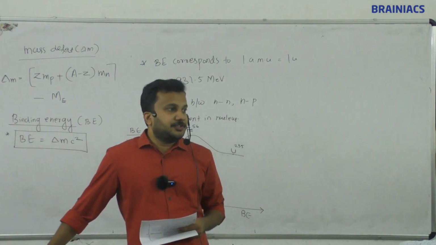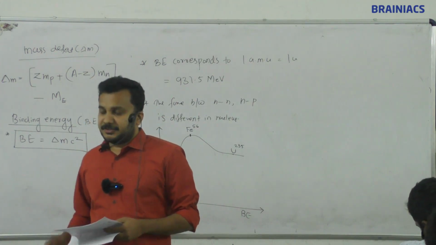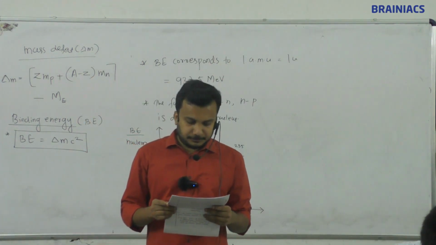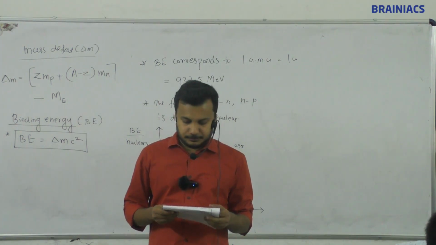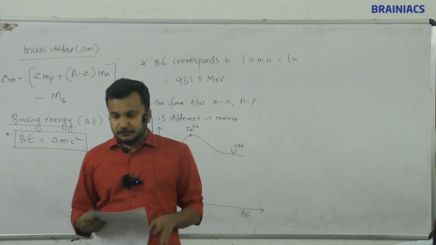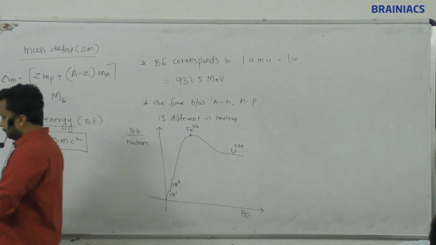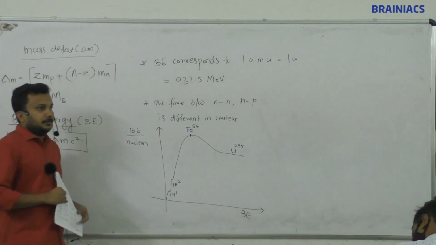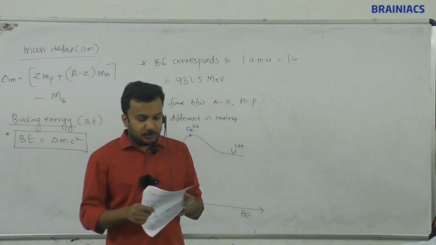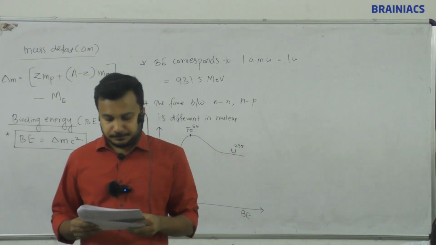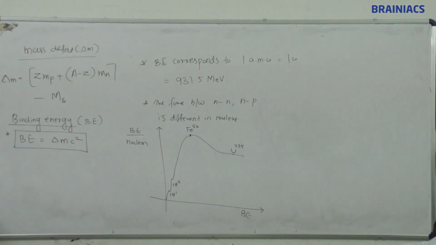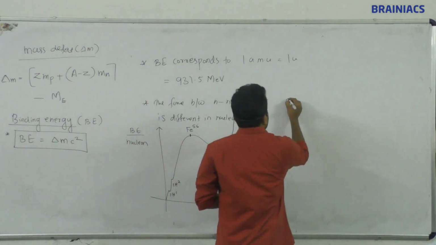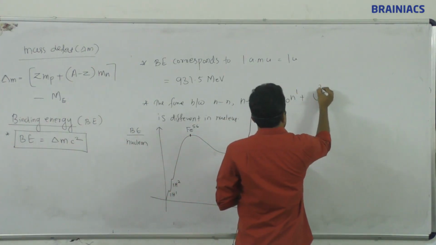Next one, fission produces a large amount of energy. The nuclei produced after the fission process are called daughter nuclei.